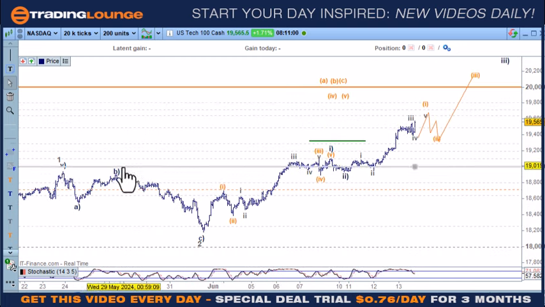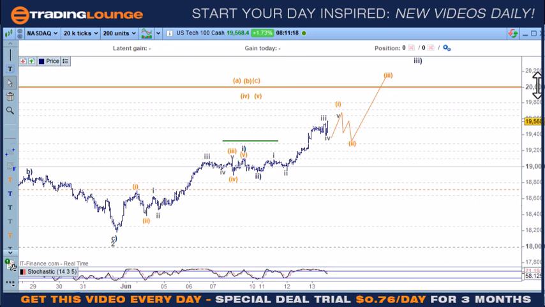I won't look at the alternative today. So we've got wave 1 here and 2 here, and then 1, 2, 3, 4, 5 for 1 and 2, and 1, 2, 3, 4, 5 for wave 1 and 2 here. I could probably even squeeze that in there as a 1 and 2 into here. But either way, it's going to be pulled up to the 20,000, so it's all pretty easy.